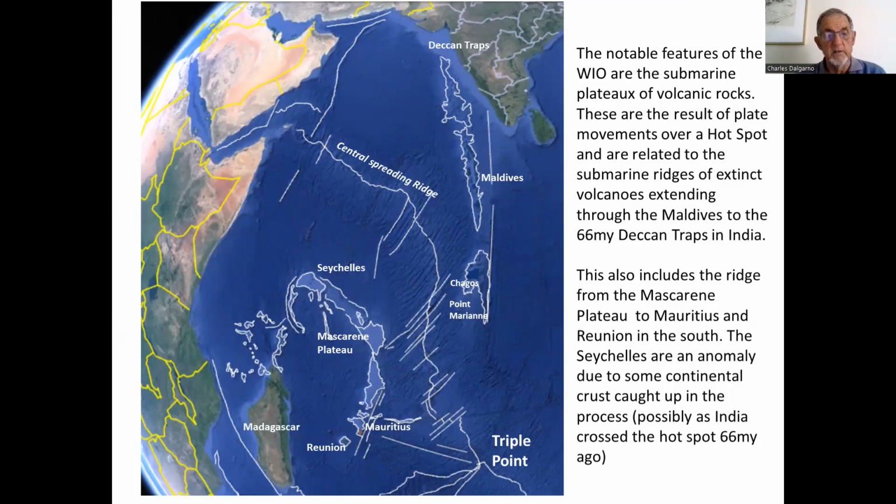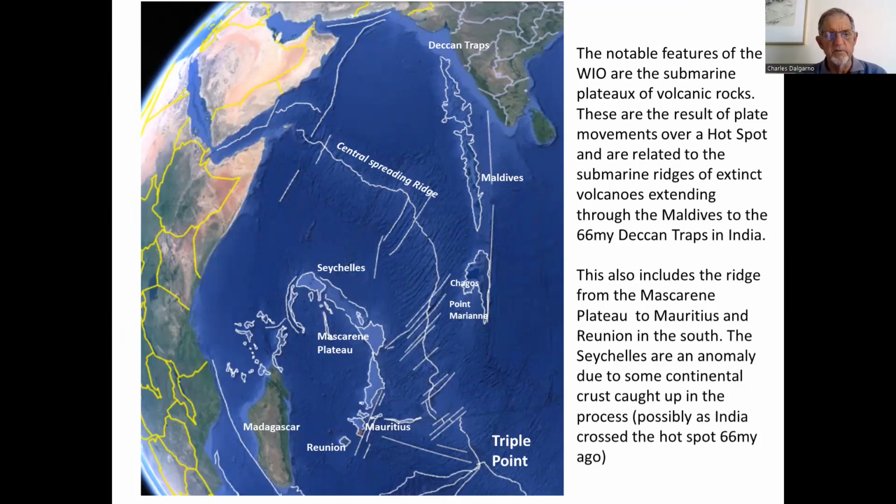Therefore, the hotspot appeared on the southern side, but not right at the central ocean ridge, because since the period of 47 million years, there's been new ocean spread those two points apart, Point Marianne and the edge of the Mascarene Plateau.